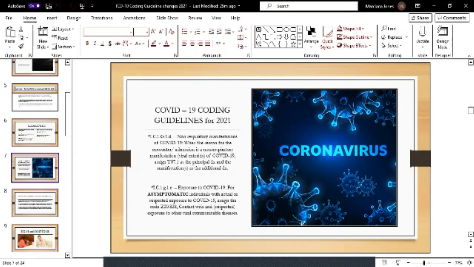When the reason for the encounter or the admission is a non-respiratory manifestation or viral enteritis of COVID-19, then you're going to assign U07.1 as the principal diagnosis, and then the manifestations as the additional diagnosis. So when the reason for the encounter is non-respiratory manifestation, if it's nothing to do with respiratory, you're going to assign COVID, and then after that principal diagnosis, you're going to assign the manifestations after that.